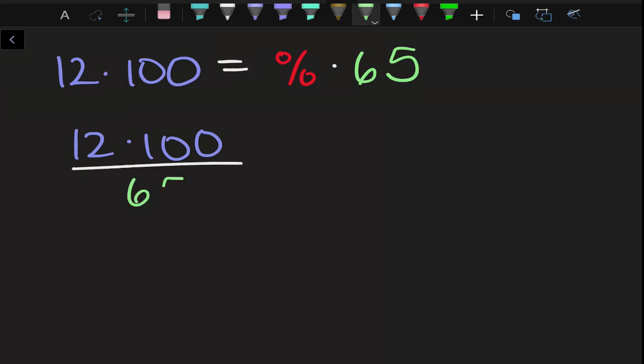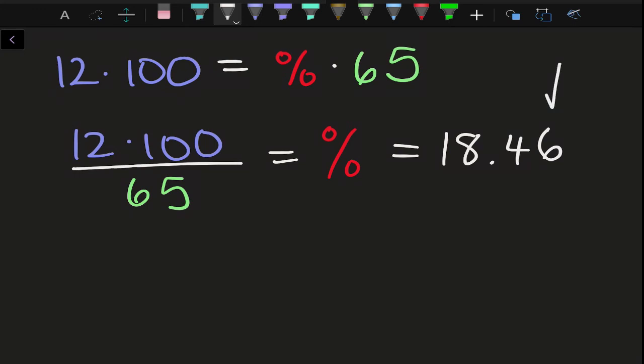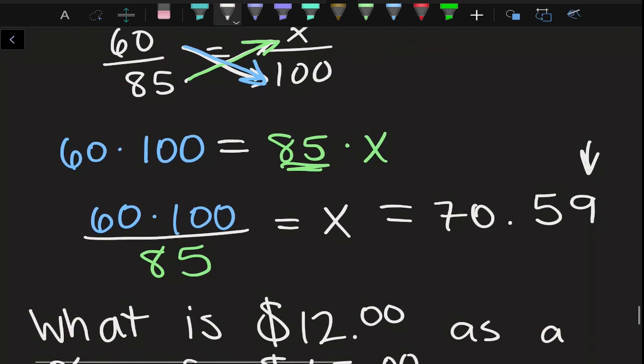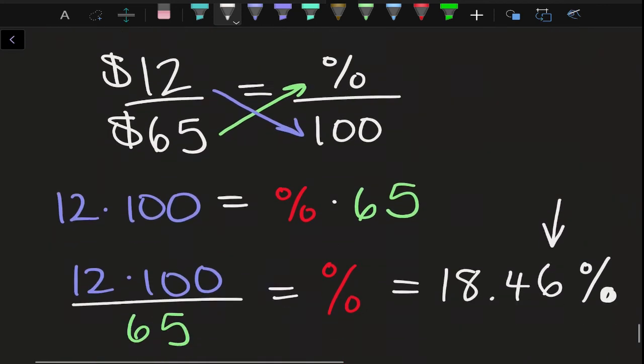Divide by 65 gives us percent, and percent then is actually equal to 18.46, again rounding to the second decimal place, and this is a percentage, so I'm going to make sure to put that percent sign in. Up here as well, over x over 100, this is a percentage, so make sure we don't forget that.